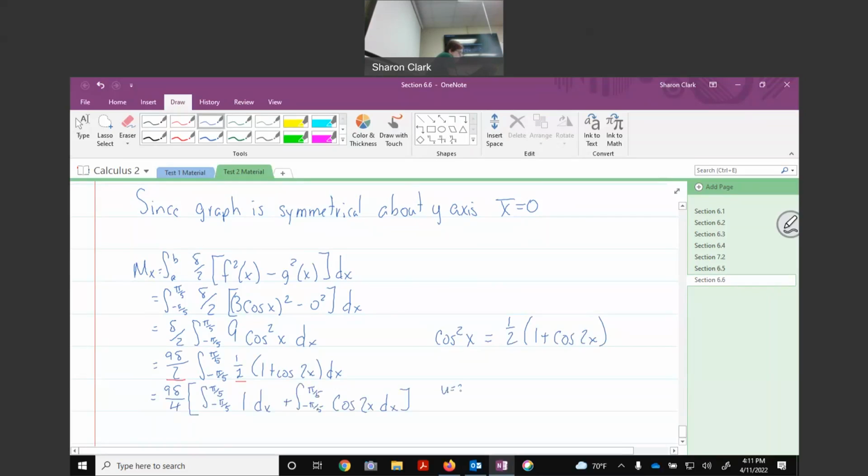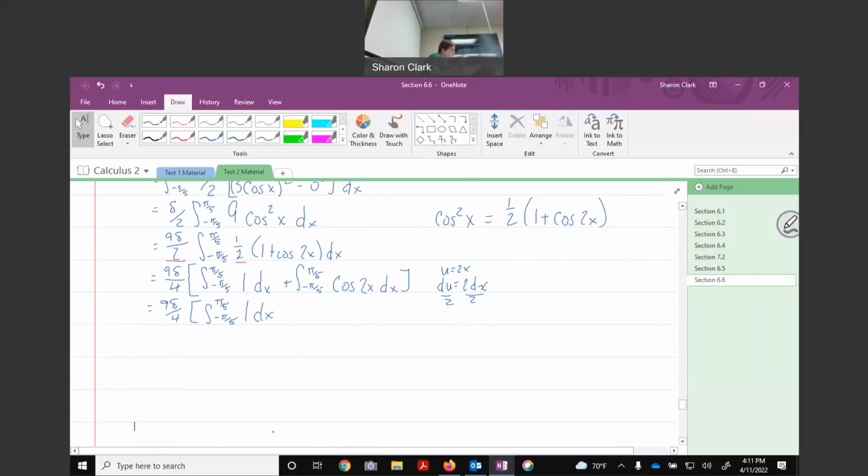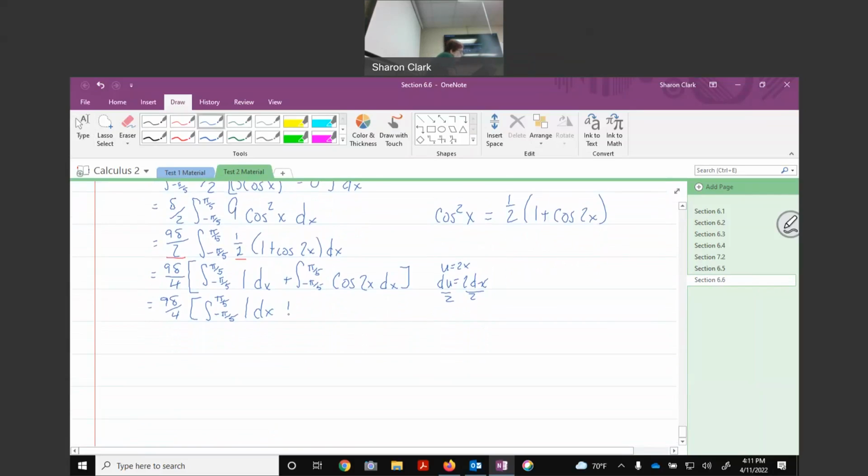We're going to let u equal 2x and du equals 2 dx. Going to divide by 2. So this is 9 delta over 4 times the integral from negative pi over 5 to pi over 5 of 1 dx, plus the integral from negative pi over 5 to pi over 5 of cosine u du over 2.